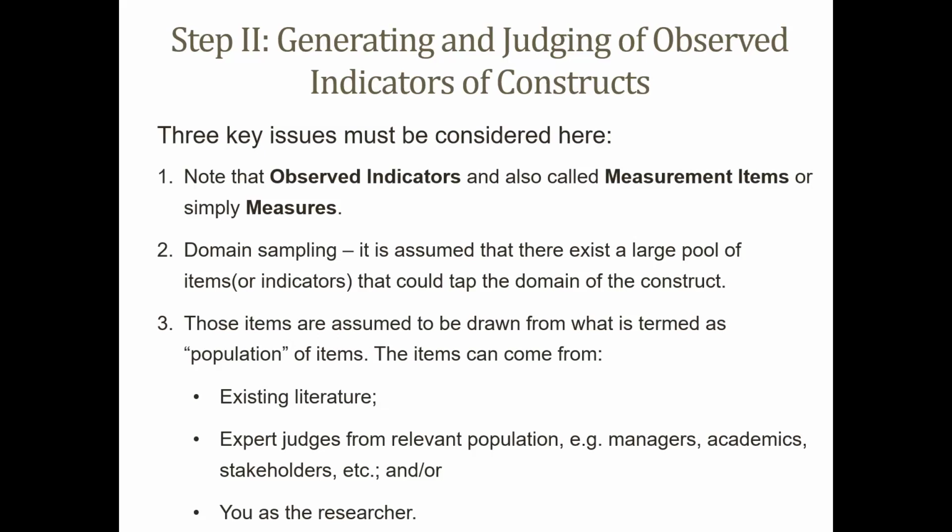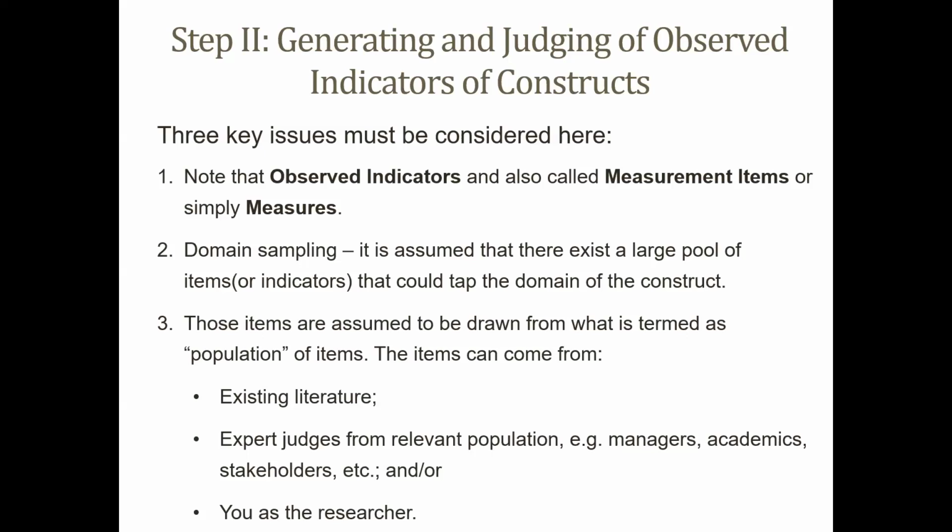In cases where the measures may not exist in the existing literature, you may need to consult experts who have in-depth and working knowledge of the concepts you are trying to study. You will learn from them the observable attributes of those abstract constructs, so that you can develop measures for them.